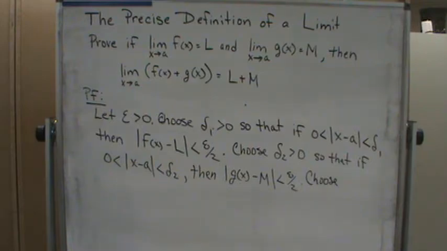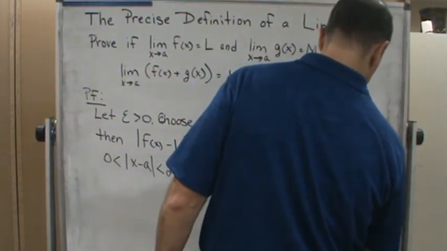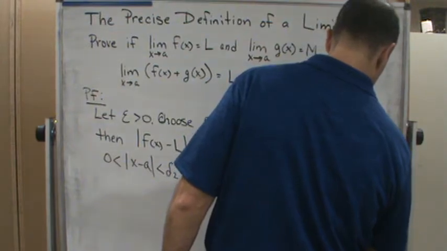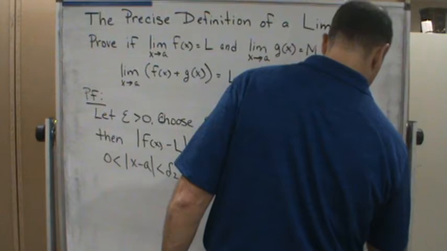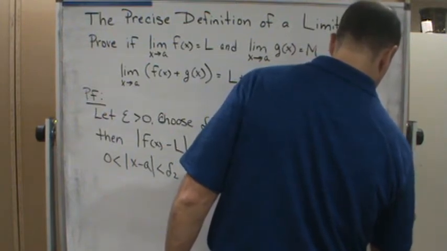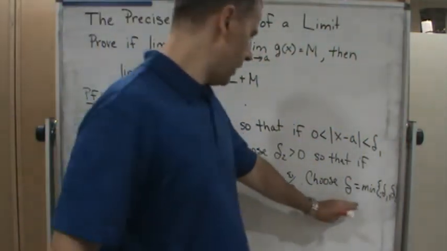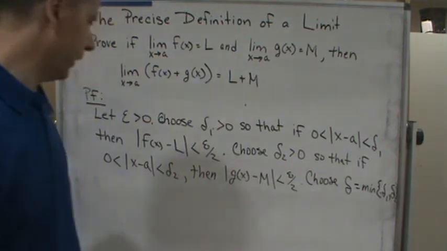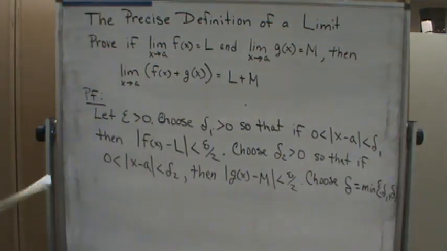So choose delta to equal the minimum of delta 1 and delta 2, right? So now, if I choose delta to be the minimum of both of these, well, guess what? Then both of these will be satisfied, okay?